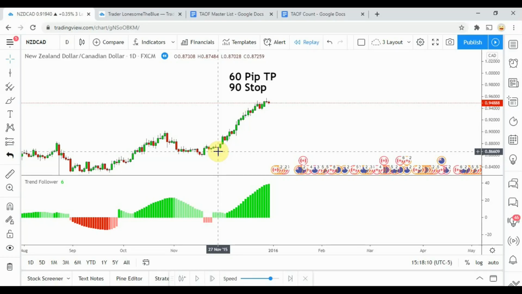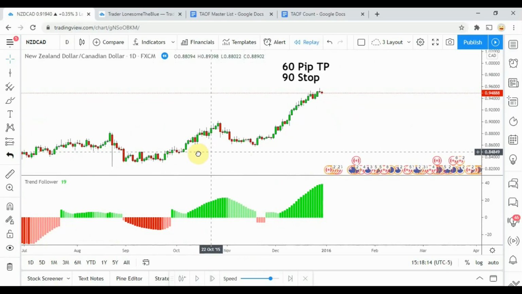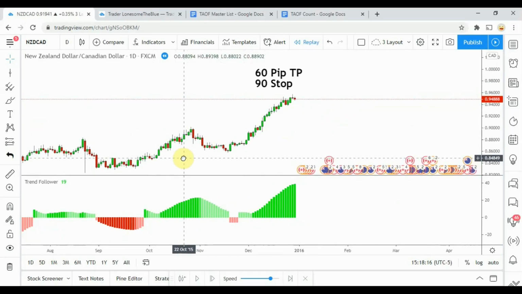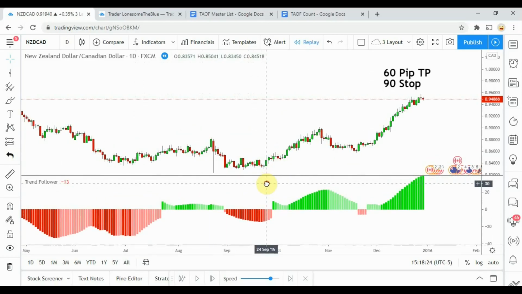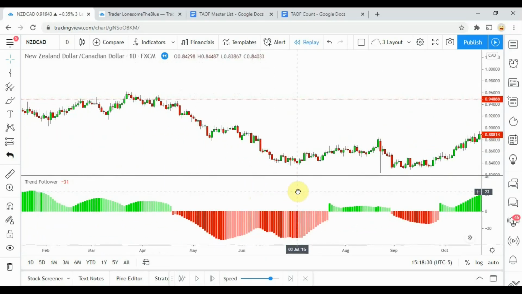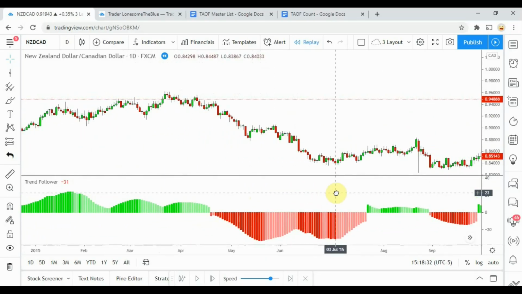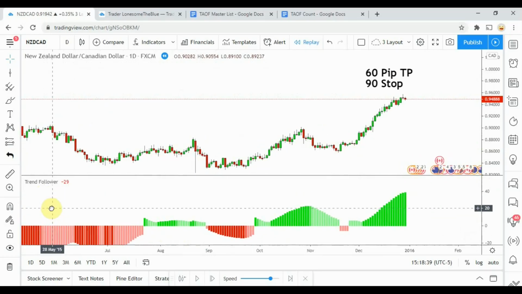And you can kind of see an example of that when the bars, the green or red bars, go to a very light color. That is a sign of choppiness in the market.